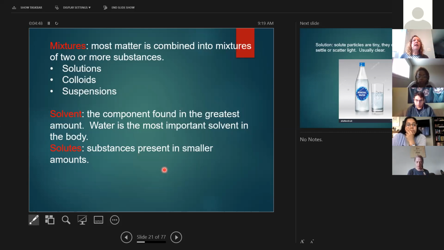It's found in the greater amount. The protein powder is the solute. I mix it in, I stir it up, and I drink it, the mixture. So whatever is found in the higher amount of the 2 is the solvent, and whatever is found in the lesser amount that you're mixing in is the solute. So again, just terminology, simple definitions.